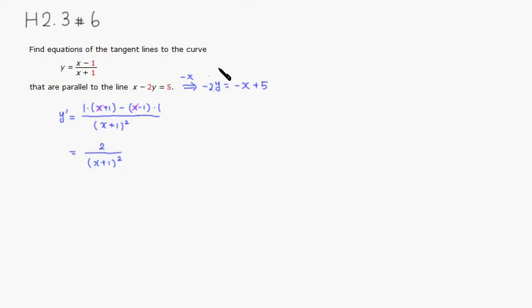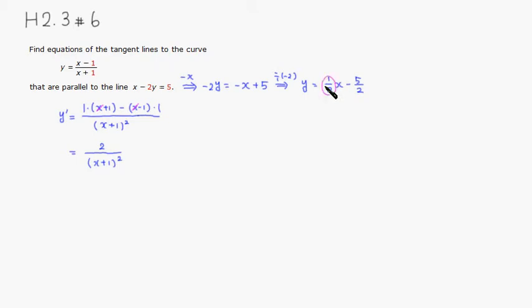And I'm going to get rid of negative 2 by simply dividing through by negative 2. So you will get y is equal to 1/2 x, and 5 divided by negative 2 is negative 5/2.